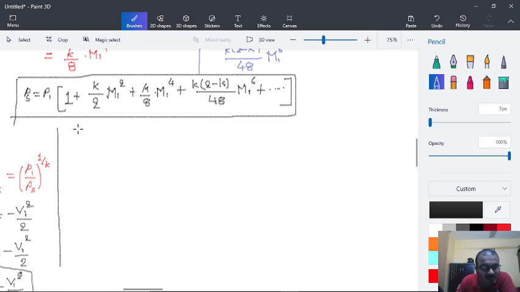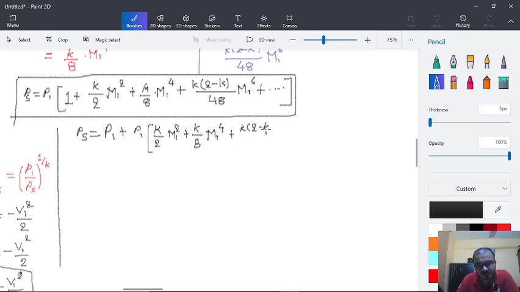Here we can say that ps is equal to p1 plus p1 into k upon 2 m1 square plus k upon 8 m1 raised to 4 plus k into 2 minus k divided by 48 into m1 raised to 6 plus, like this.